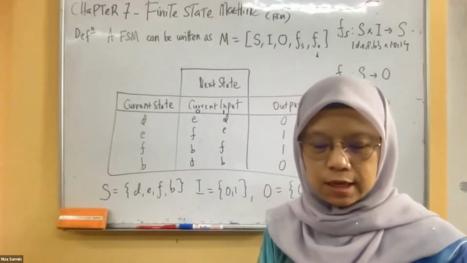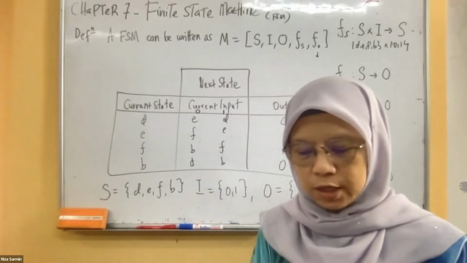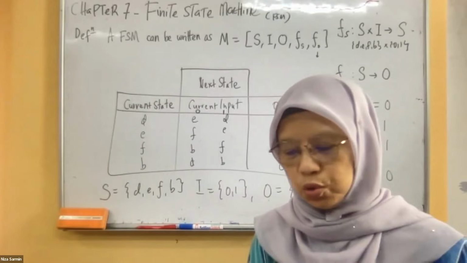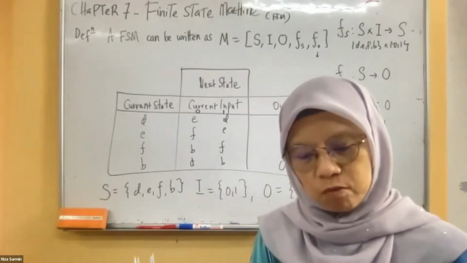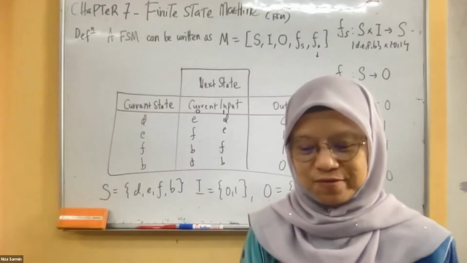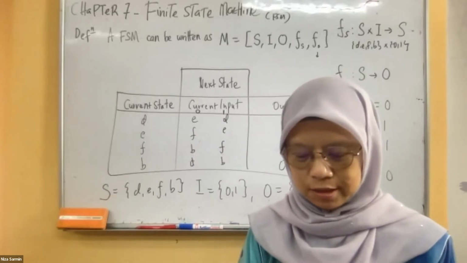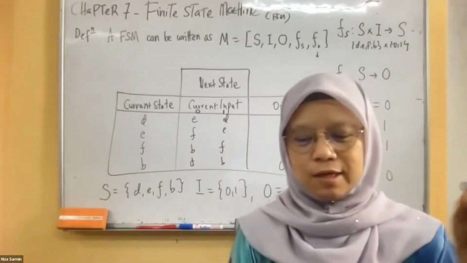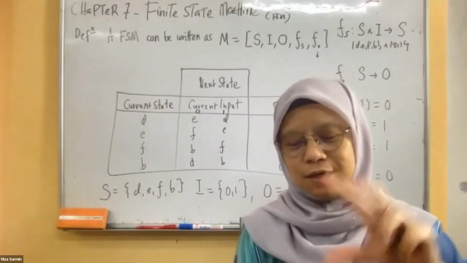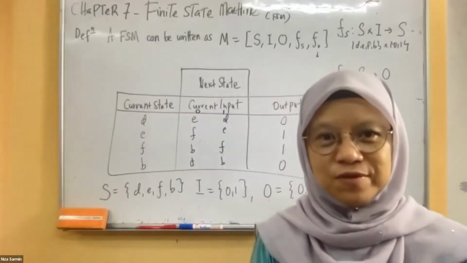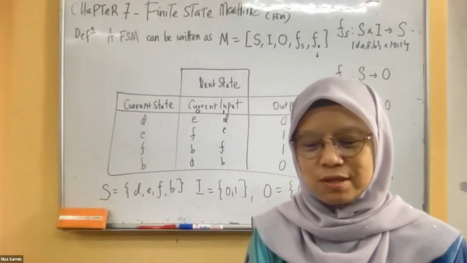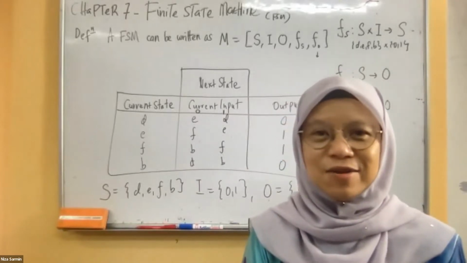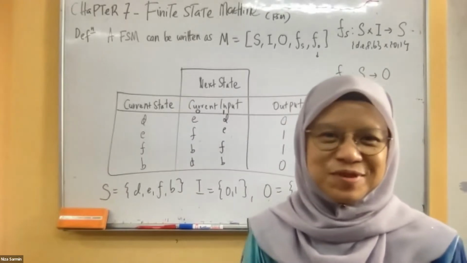And next, I have to introduce you to the state graph. Actually, in the first example, I mentioned first about 7.1.2, the state graph, and then I went back to the first example.